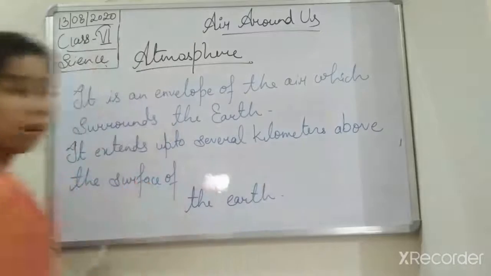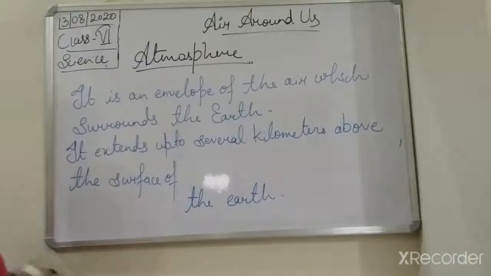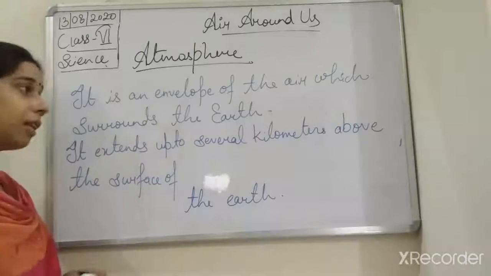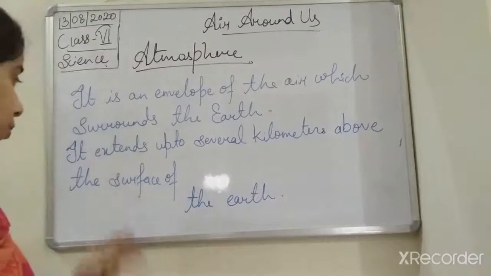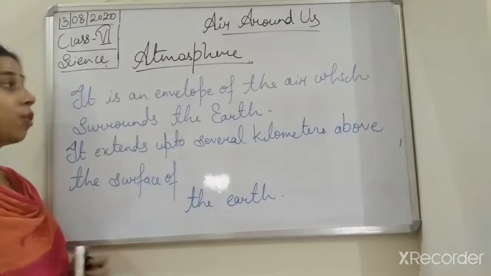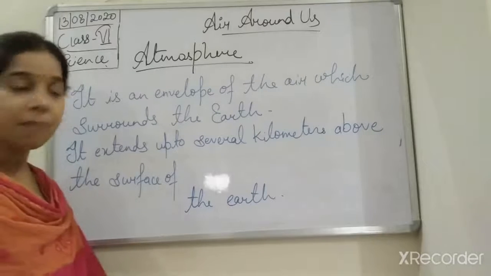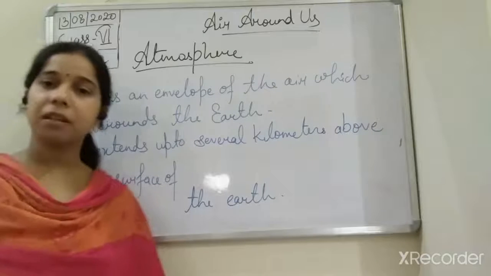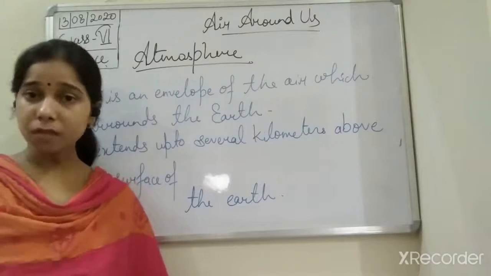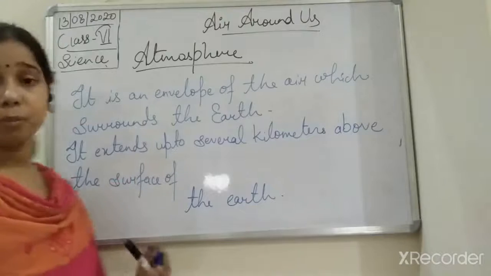So if we talk about the thickness, it extends up to several kilometers above the surface of the earth. So it is an envelope of the air which surrounds the earth, and it is present several kilometers above. This is the atmosphere students.